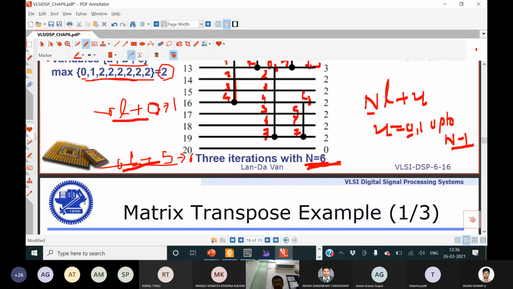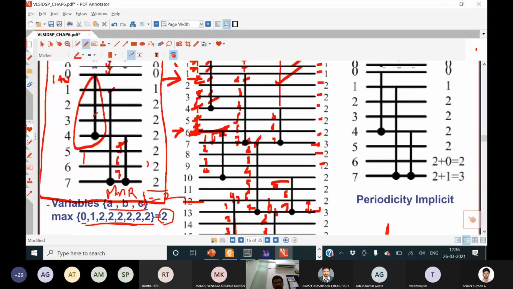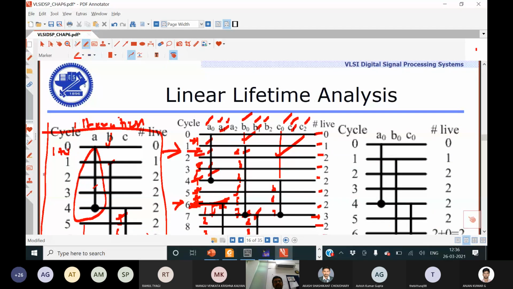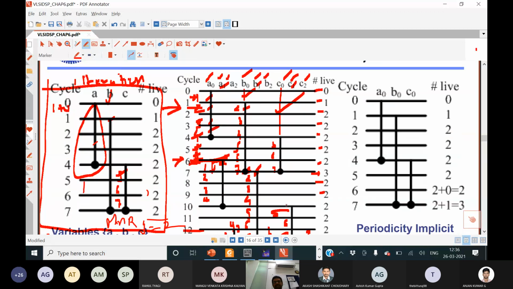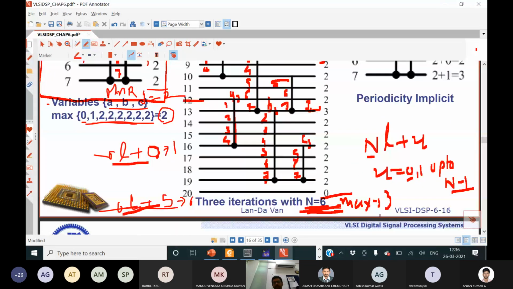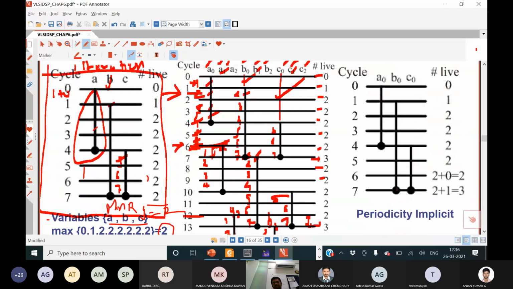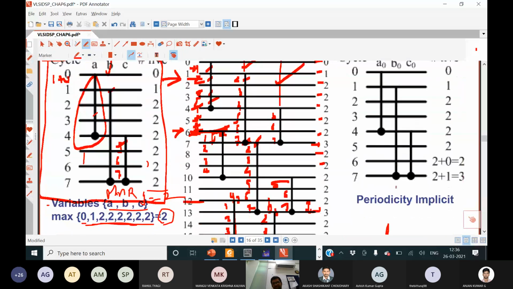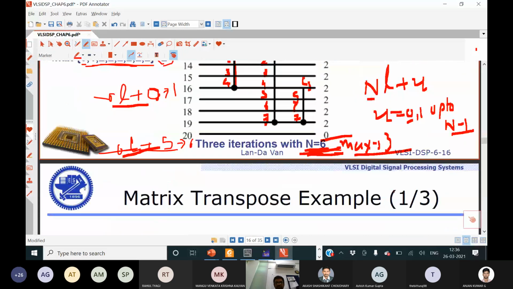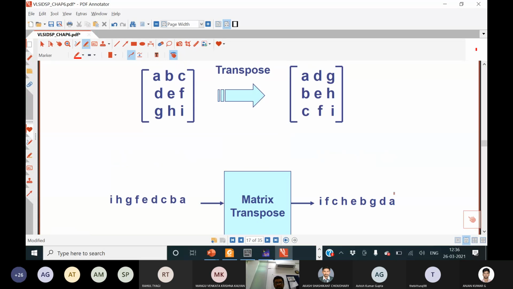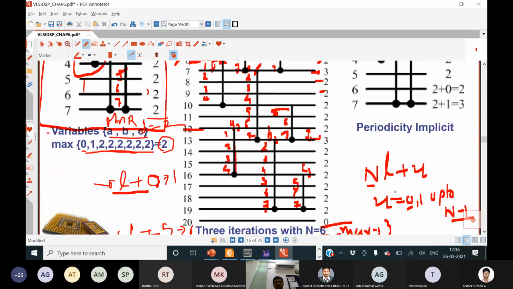The maximum value is actually 3. That means if I consider n is equal to 6 and according to this lifetime of A, B, C, I require a minimum number of registers of 3. Any doubt?